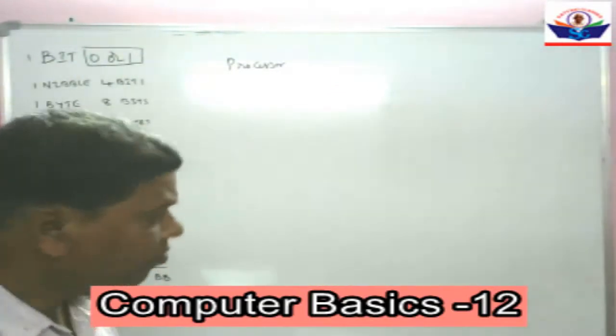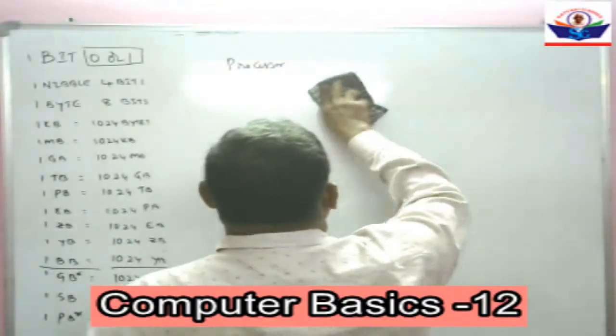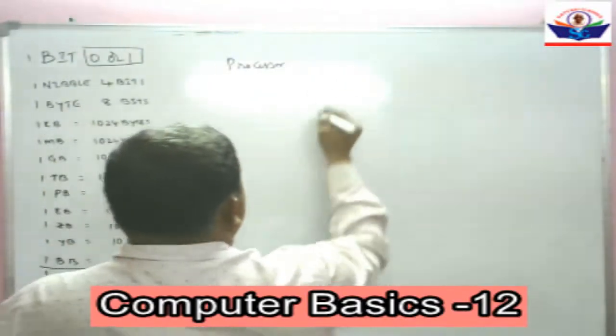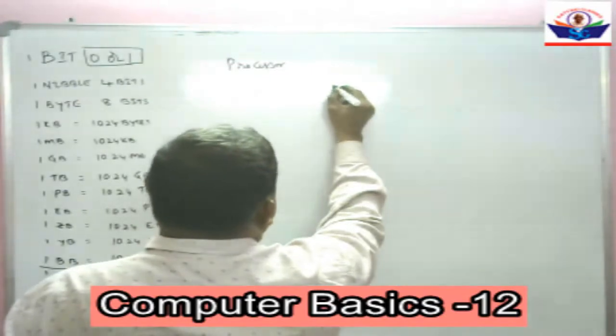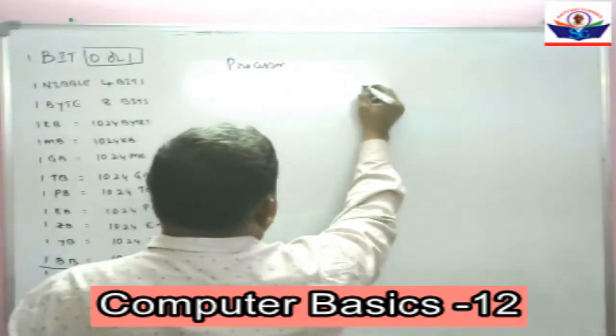Memory means RAM and hard disk, or flash memory or memory card in terms of smartphone.